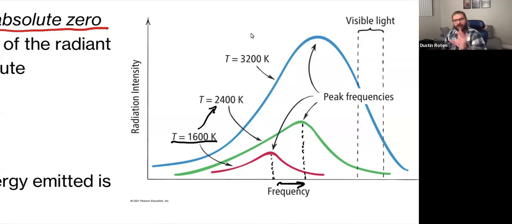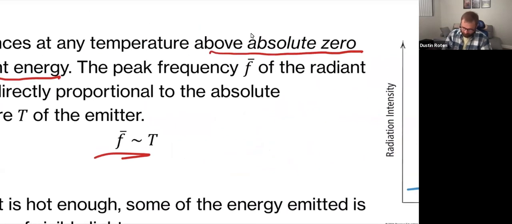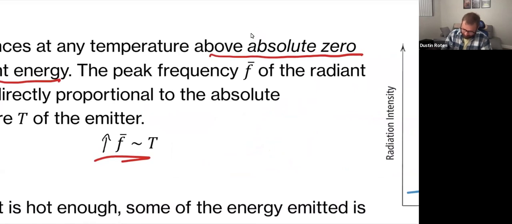It's directly proportional. Now, if we increase the temperature again, we're going to move up to 3200 Kelvin, and that, of course, will also increase our frequency. So as one of these increases, if peak frequency increases, the temperature of the object will also increase. If the peak frequency decreases, temperature must also decrease.